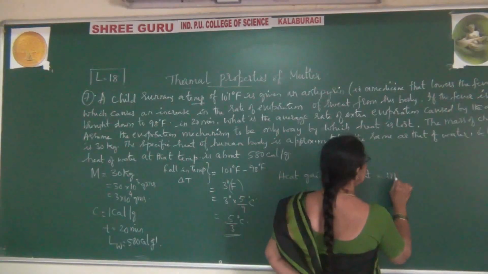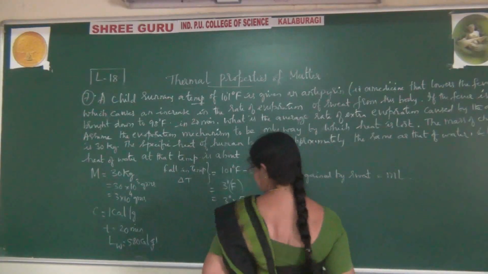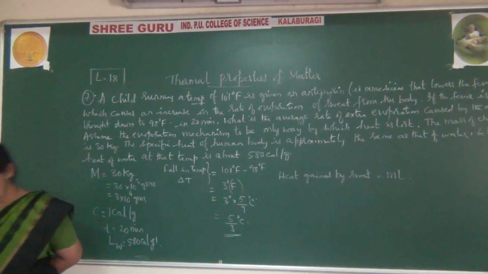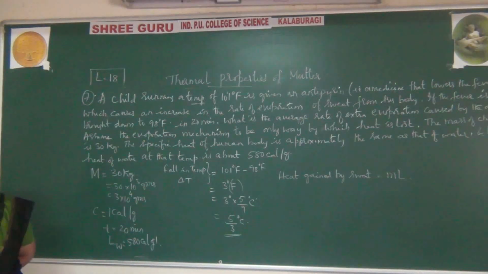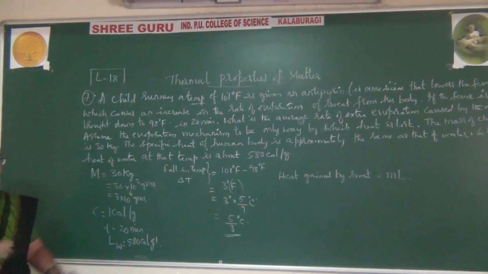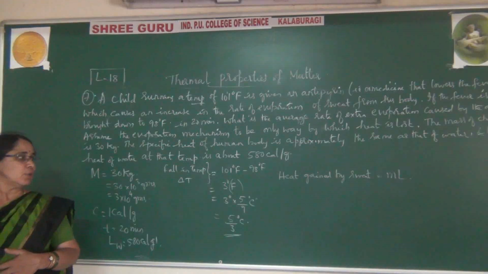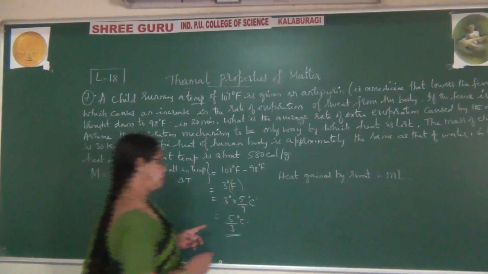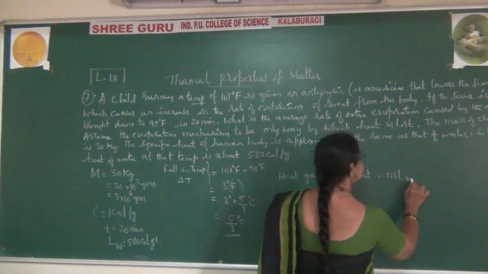It is equal to M into L. What is that L? L is nothing but the latent heat of water, in the form of sweat you are getting. So you can write M into LW. Let me write this is LW. Okay, this will be correct.